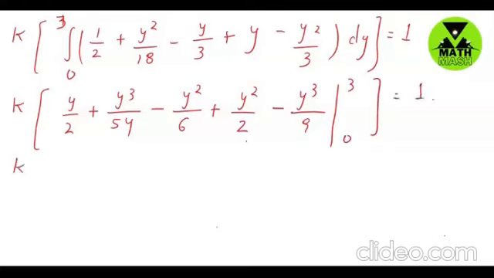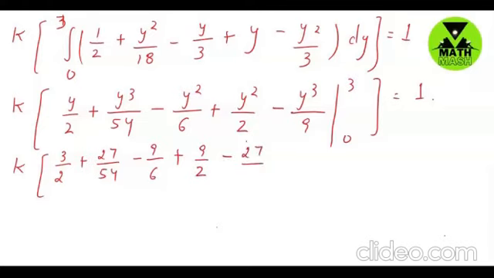So this is k into, substitute y equals 3, so this is 3 by 2, plus 27 by 54 minus 9 by 6 plus 9 by 2 minus 27 by 9, and when we substitute y equals 0, this is 0 only, so it is equal to 1.